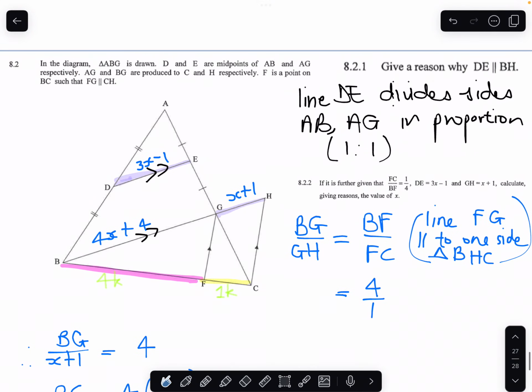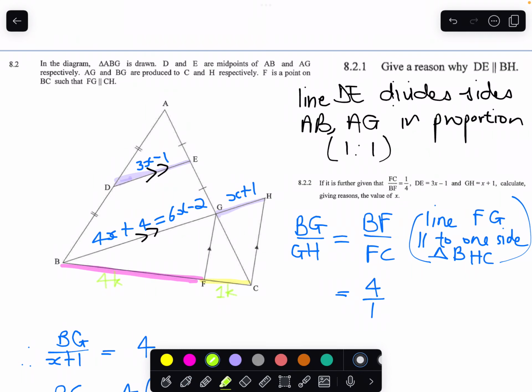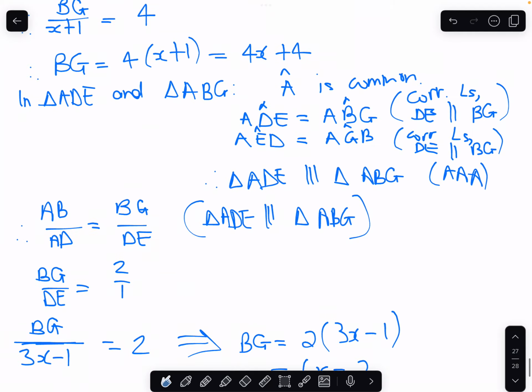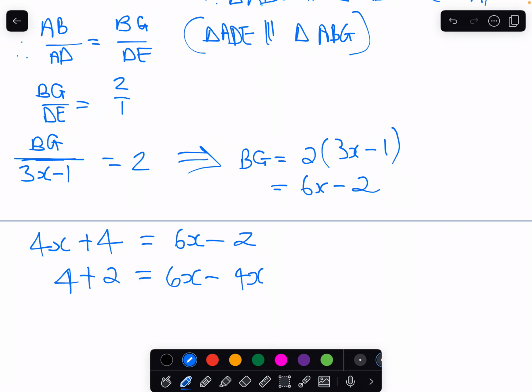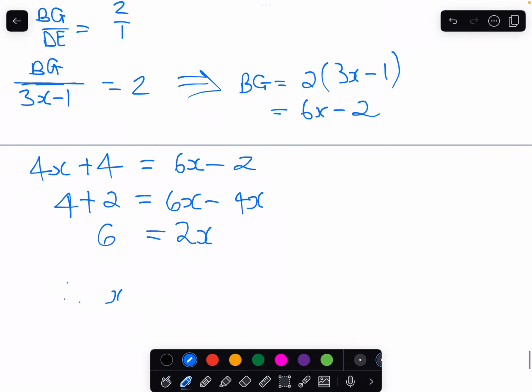So we have another expression for BG, which is 6x minus 2. So we can now solve for x using this equation. 4x plus 4 is equal to 6x minus 2. 4 plus 2 is equal to 6x minus 4x. 6 is equal to 2x, and therefore x is equal to 3.